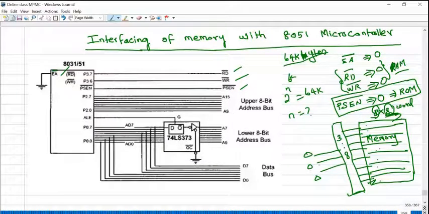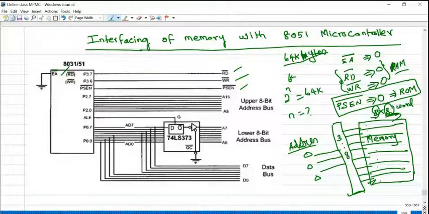Next, the address lines we needed. The microcontroller has 16 address lines, but A0 to A7 are multiplexed with AD0 to AD7. The same bus is used for carrying address information to point to the address location of the memory, and later the same bus is used for carrying data from memory to microcontroller or microcontroller to memory, depending on the condition.